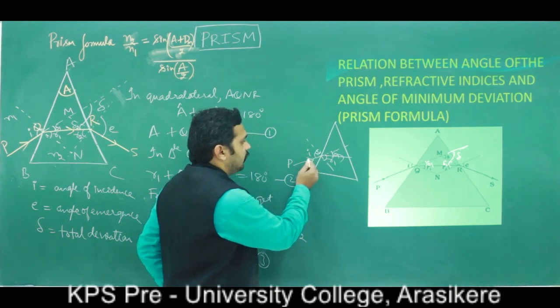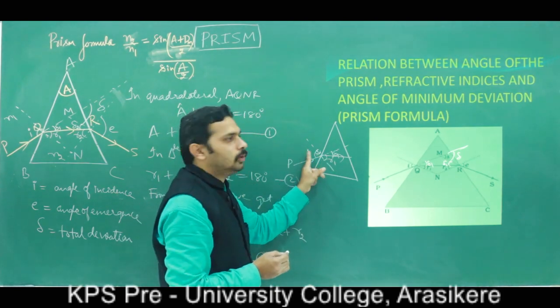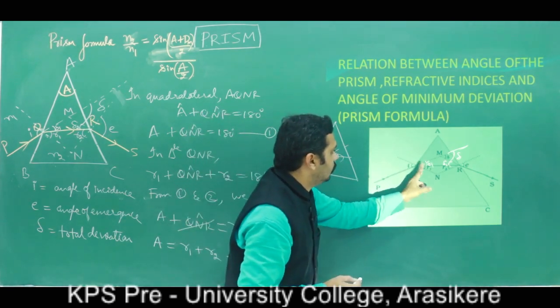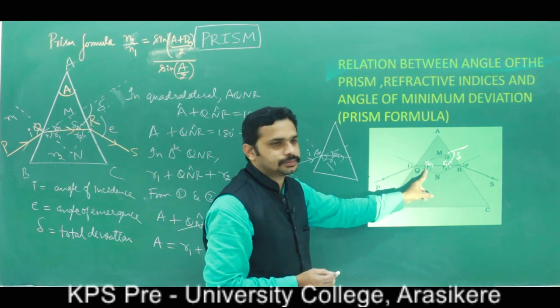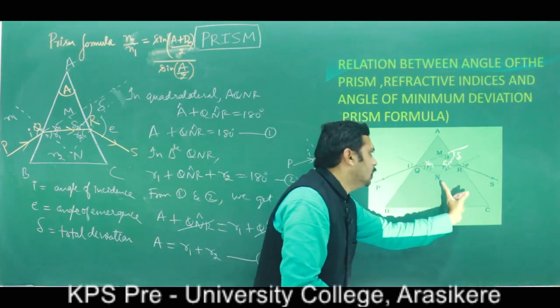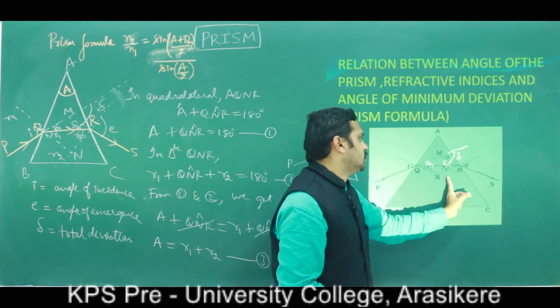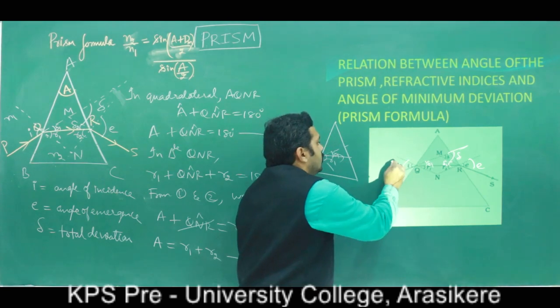Suppose for the first surface, the ray of light travels from rarer to denser. Rarer to denser means the refracted ray is towards the normal. For the second surface, the ray of light travels from denser to rarer, so this angle E is more. For the first surface, I is more.